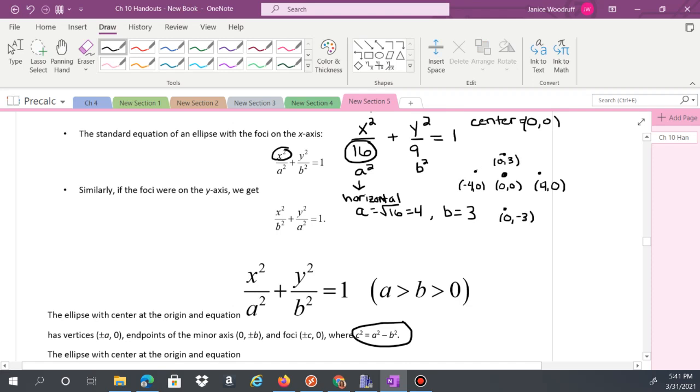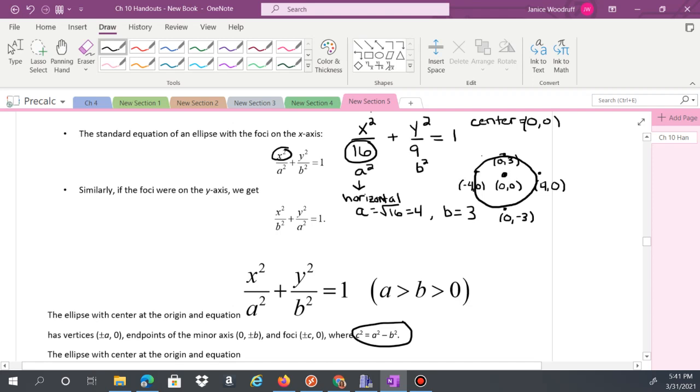Okay, so I can draw the ellipse without having the foci. It's really bad drawing, but I can still generally find the points here. That looks more like a circle than an ellipse, but there it is.